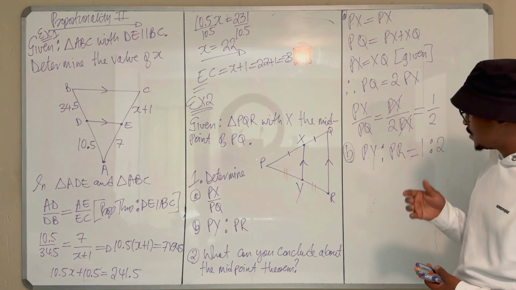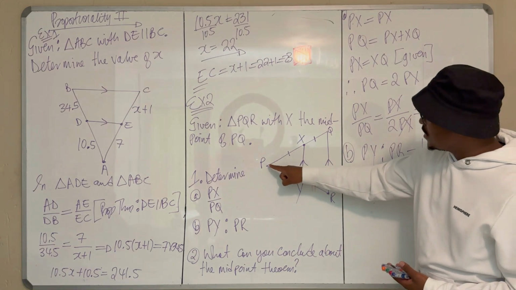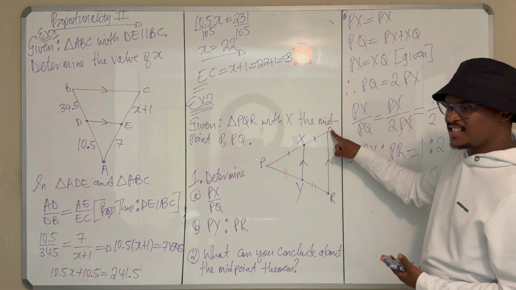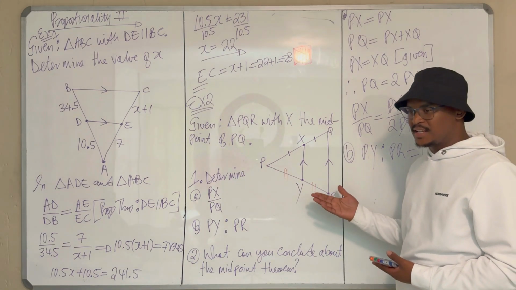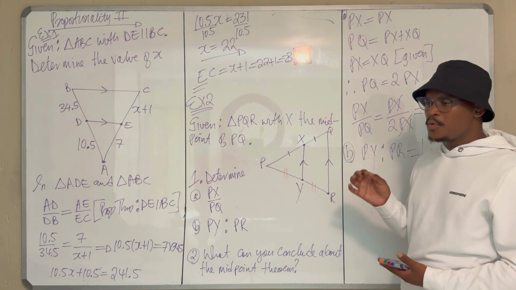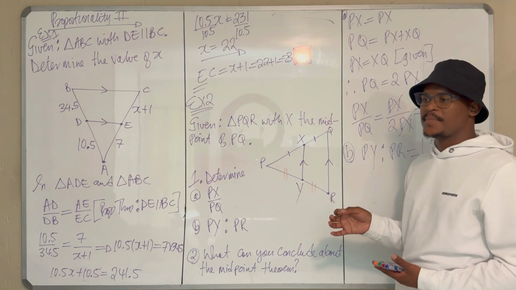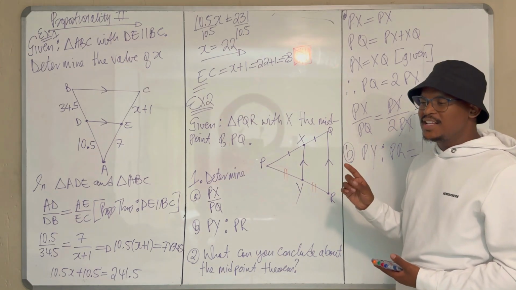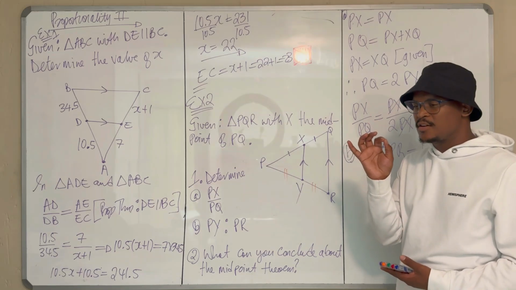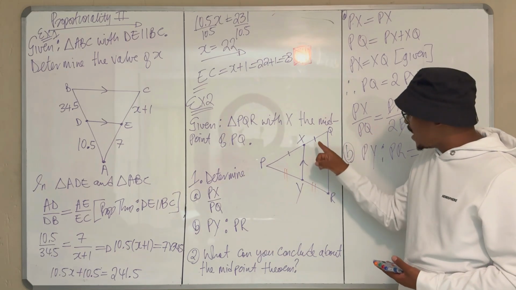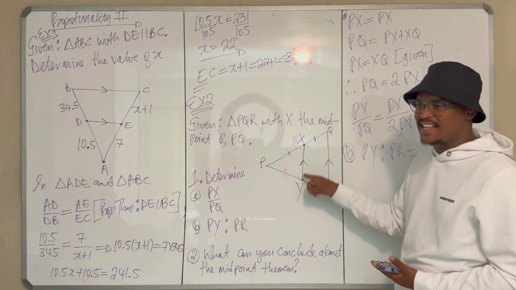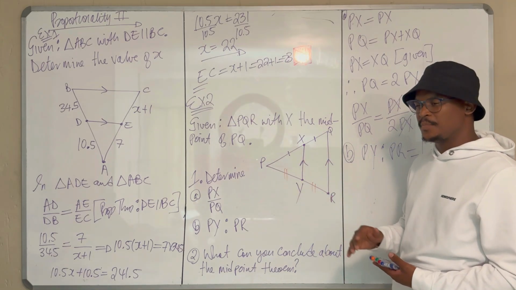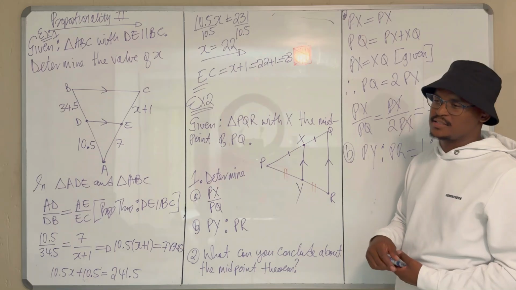So like I said, this side over the entire side is equal to this over that. So if you're looking at the midpoint theorem, it's more like the proportionality theorem as well, but only a special kind of proportionality theorem where the line segment that divides is at the midpoint, joining the midpoints.